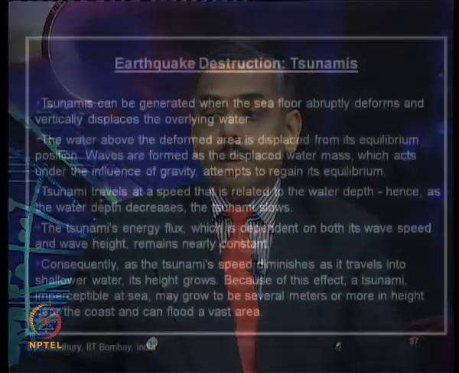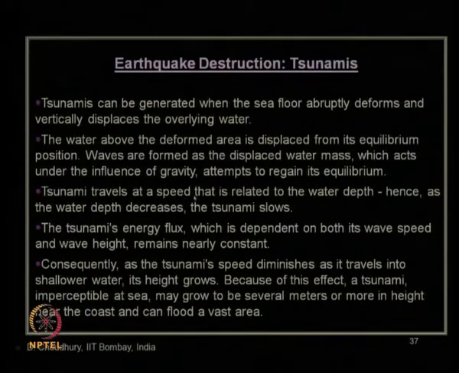you can see over here in this slide, that a tsunami travels at a speed that is related to the water depth. Hence, as the water depth decreases, the tsunami speed slows down, but the height increases. Why? Let us see the next point: the tsunami's energy flux, the total amount of energy released through the tsunami, which is dependent on both the wave speed and the wave height, remains nearly constant.